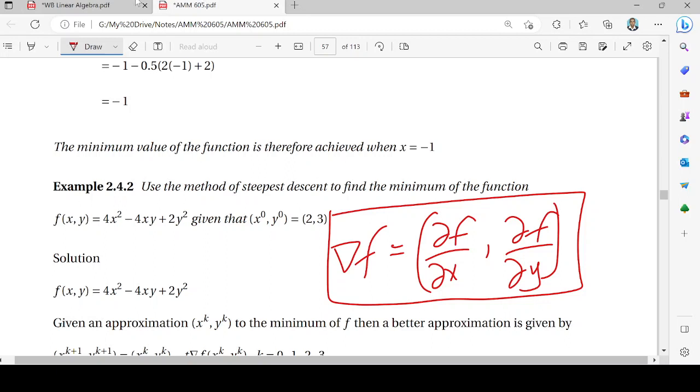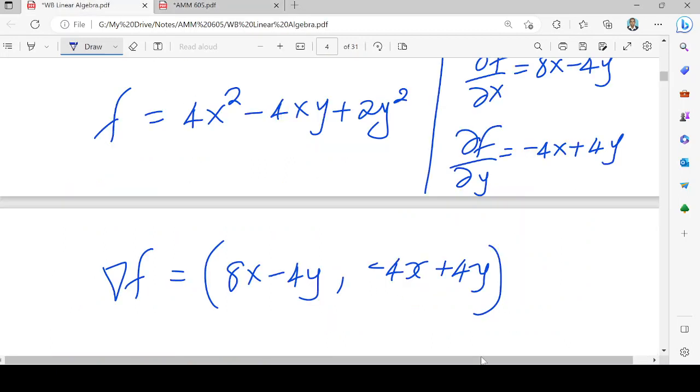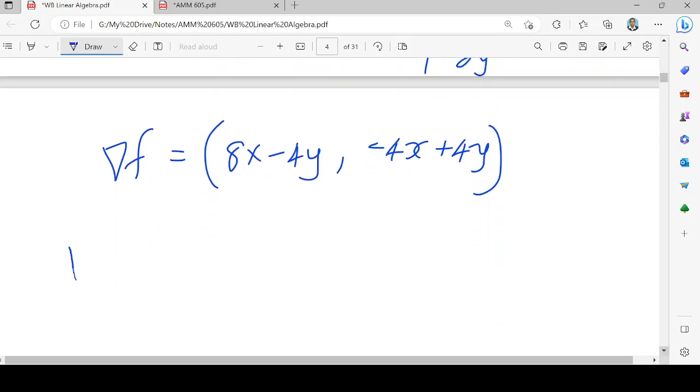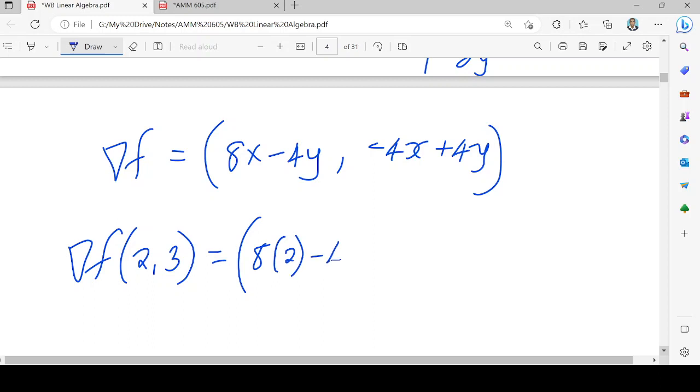If we want to evaluate this at that point, we write the gradient of f evaluated at (2, 3). The x component is 8 times 2 minus 4 times 3. The y component will be −4 times 2 plus 4 times 3, where x is 2 and y is 3.